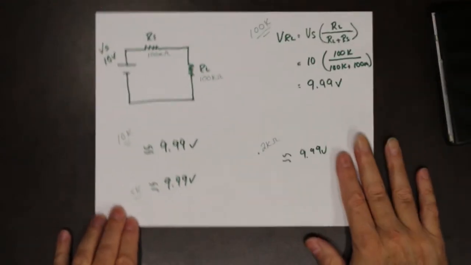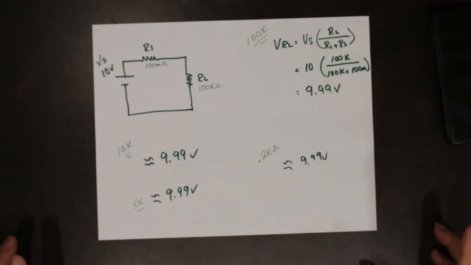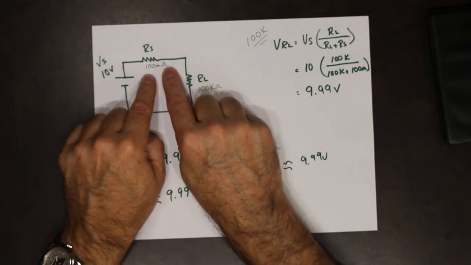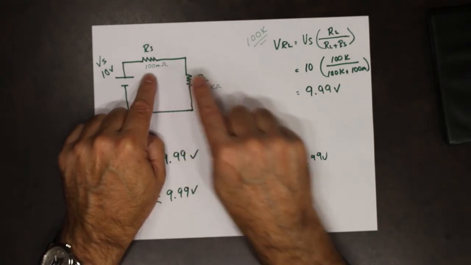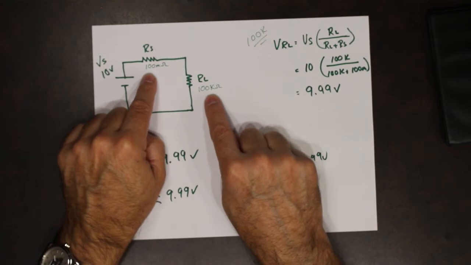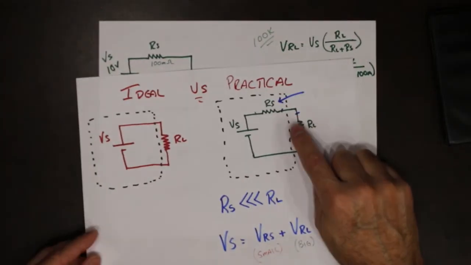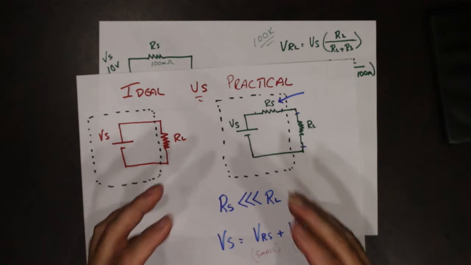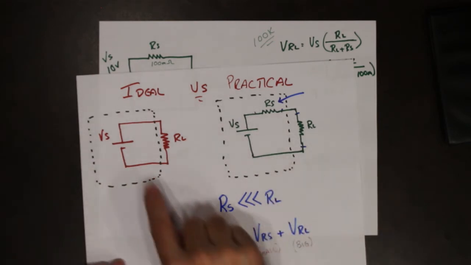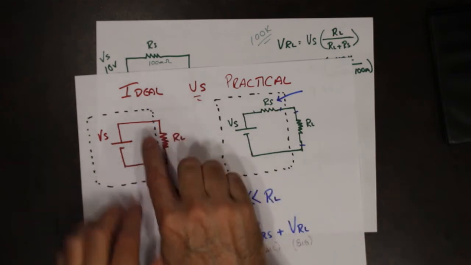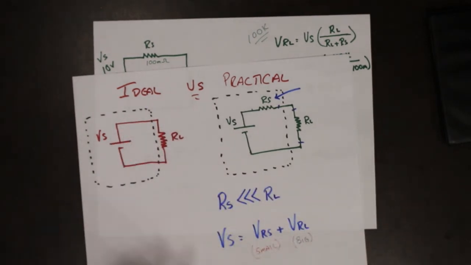So, if we have an internal resistance that is small in comparison to the load, we take our practical source and it will be as close as possible to the ideal source. Again, the ideal source is with no internal stuff, where there's no voltage loss.